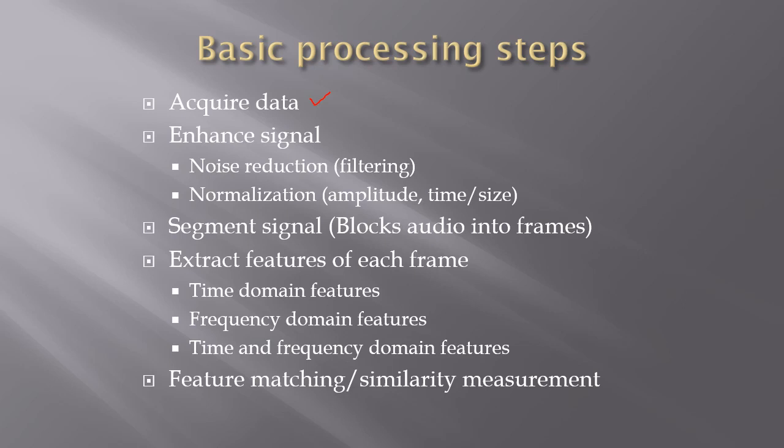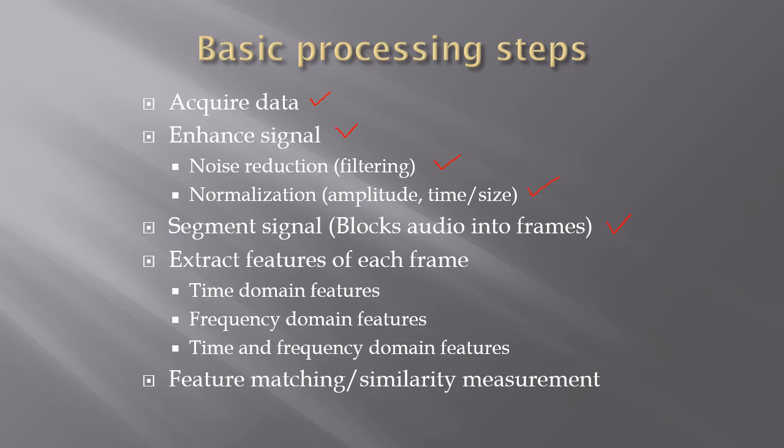I will be fast here because I already have discussed the basic processing step before. Then we do some signal enhancement, noise reduction, filtering if it is needed, then normalization again if it is needed. It could be the amplitude or the time or size, and then normally we have to segment the signal by blocking the signals.